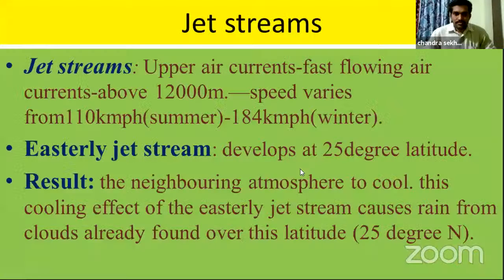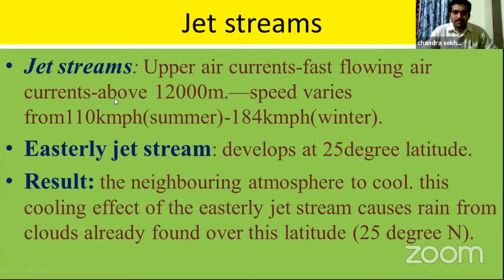Okay, the next, jet streams. These are upper air currents, fast flowing air currents above 12,000 meters, or 12 kilometers, above the Earth's surface. Currents means fast flowing air in a particular direction regularly.